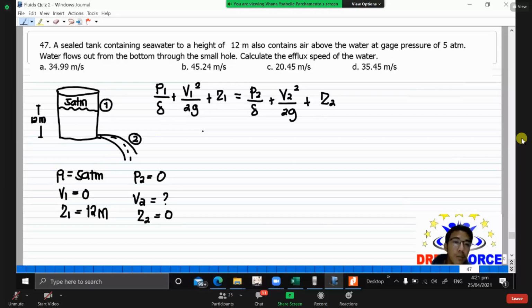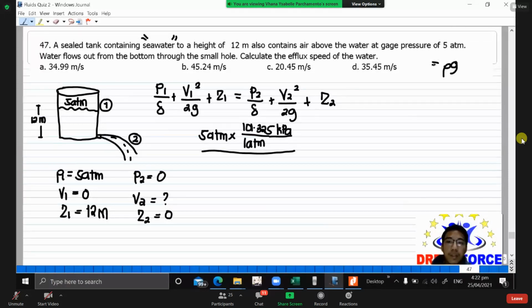Substitute here. 5 atmosphere, so let's convert into kilopascal. In 1 atmosphere, we have 101.325 kilopascal. Here we won't add head loss due to friction since none was given. Okay, divided by the specific weight. Take note, seawater. So, we'll use rho times G for the specific weight.